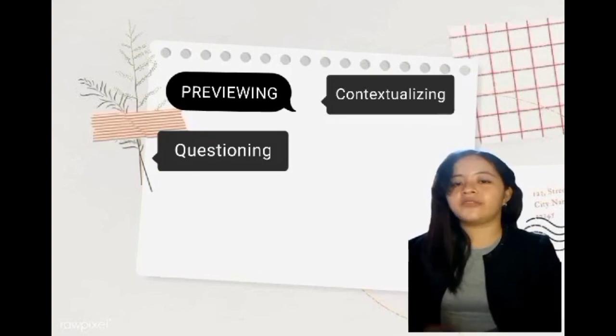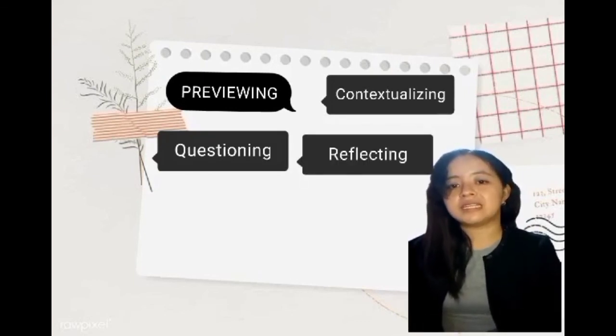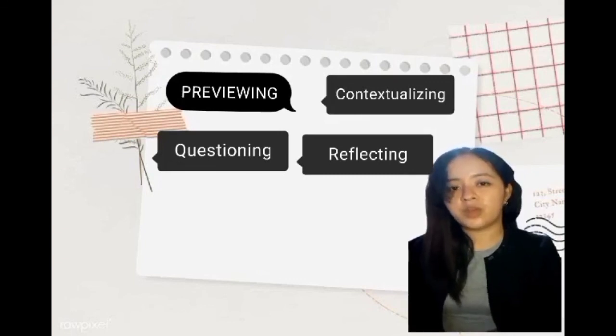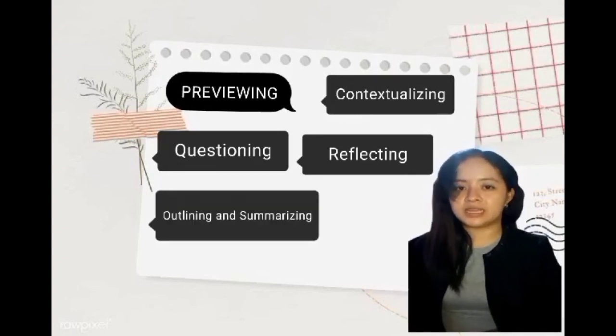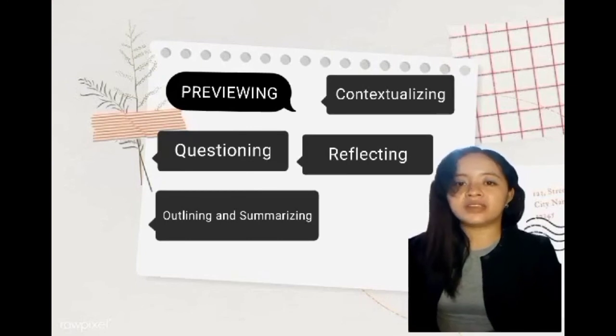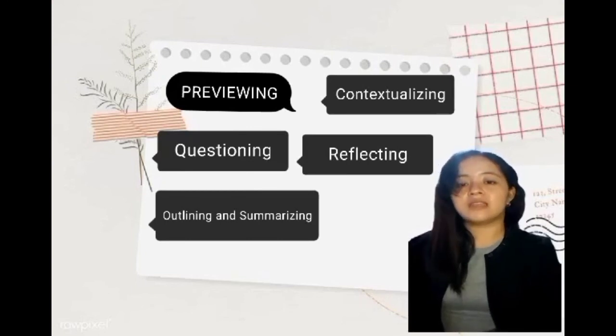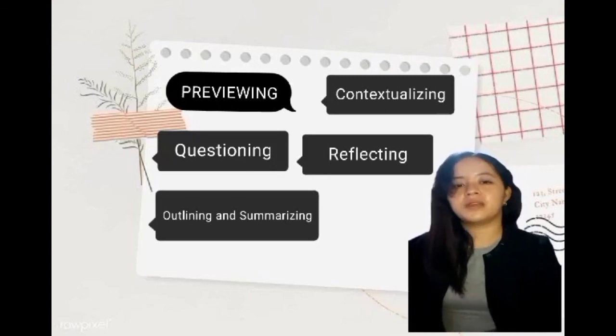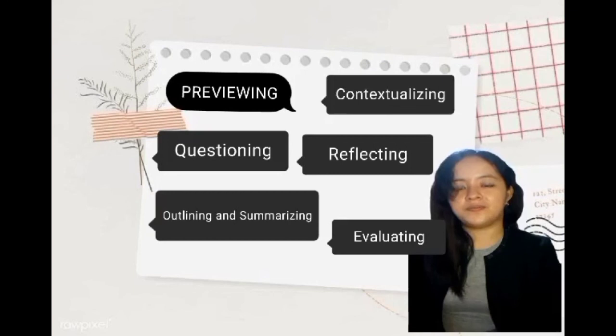The fourth one, we have reflecting. Reflecting means examining your personal responses. The fifth one, we have outlining and summarizing. This is to identify the main ideas and restating them in your own words, or should we say, rephrasing. Next, we have evaluating.